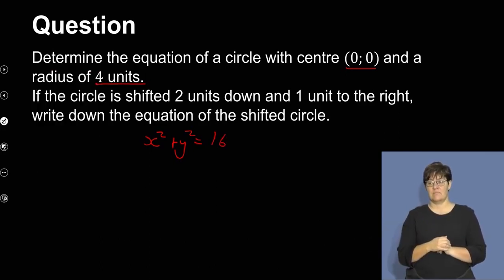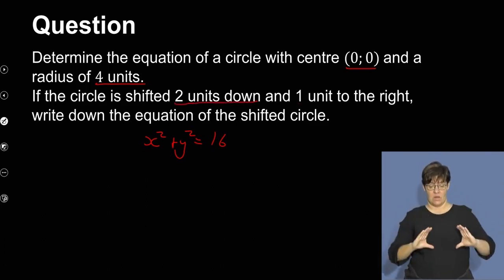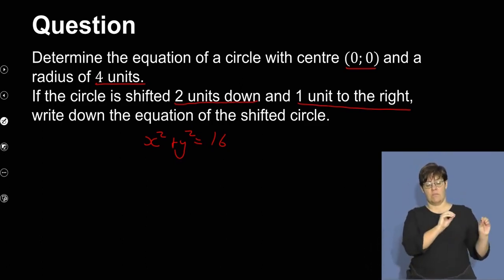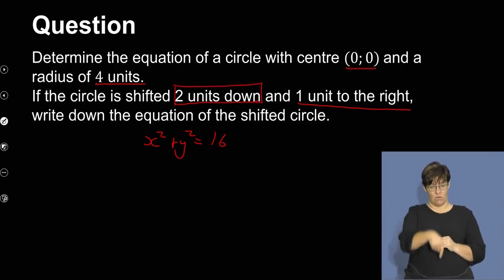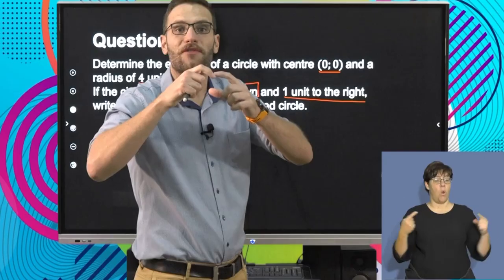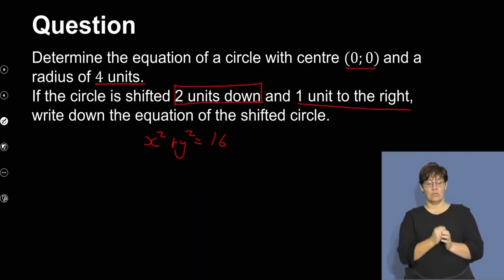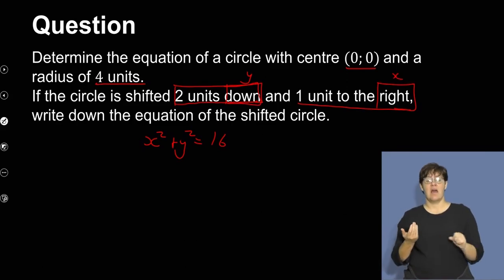Now it says, if the circle is shifted 2 units down and 1 unit to the right, write down the equation of the shifted circle. So what did we decide? Is 2 units down, we always decided that it's going to move in the opposite direction. So down is going to be plus and up is going to be minus. And so 2 units down, what is down going to affect? Down is going to affect the y value, and right and left is going to affect the x value.